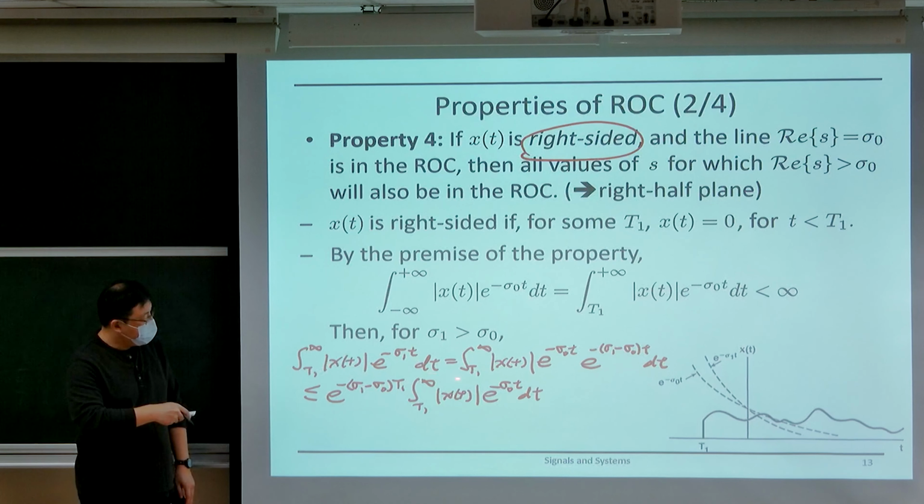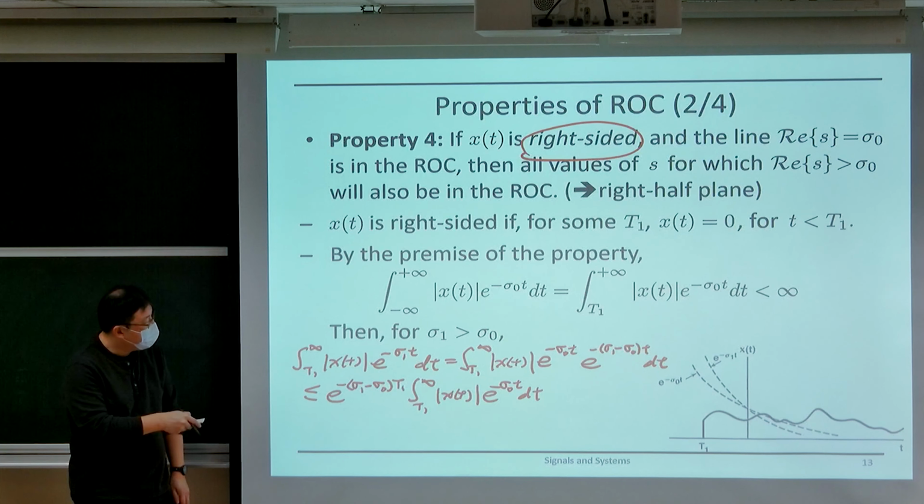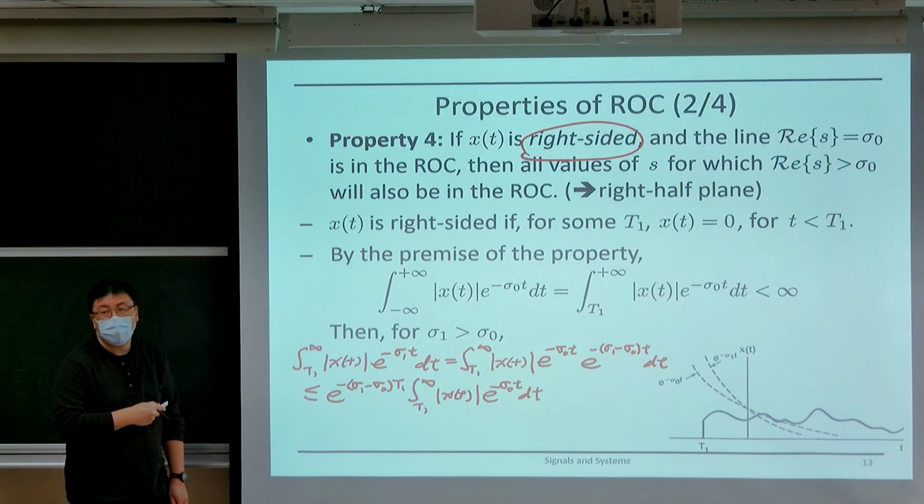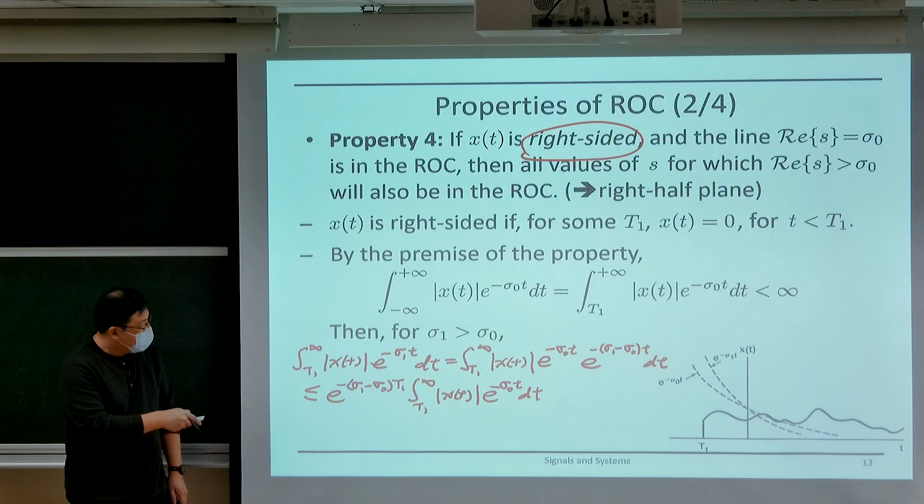So this first equality holds because I'm just adding a sigma 0 here and canceling it back, okay? And then because sigma 1 is greater than sigma 0, this function here has the maximum value at t equal to t1.